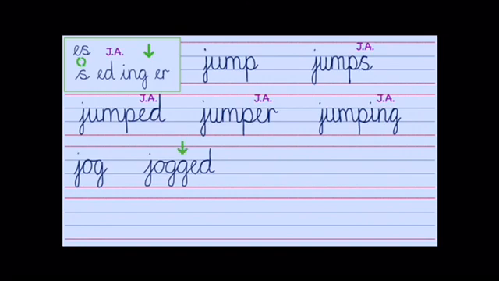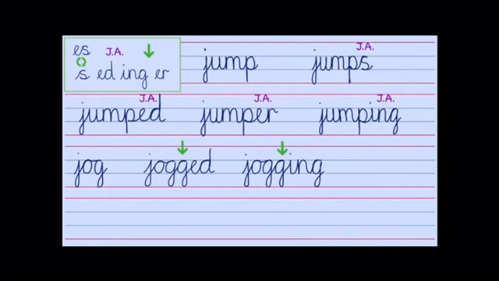It doesn't get changed because we remembered to double the G. What about jogging? Will it be the same? Here's our starter word, and yes, it is the same. We need to double that G to keep the vowel sound short.